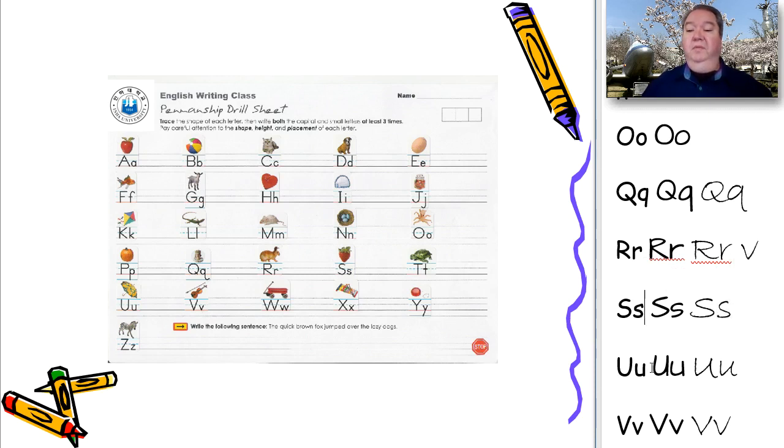U, I like this style where you have the little leg here, or the little tag on the bottom of the U, okay?